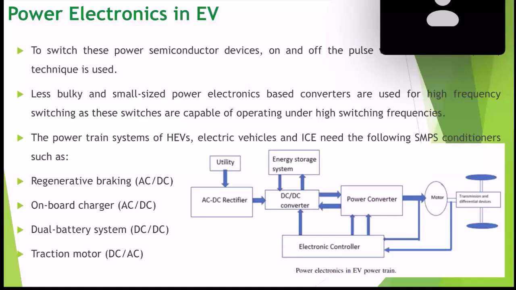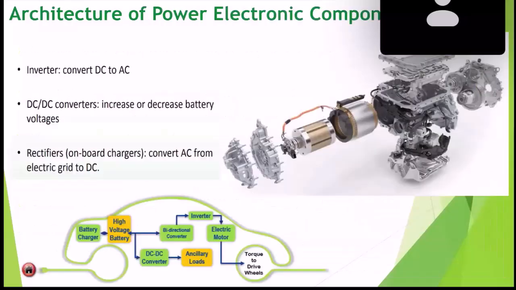The onboard charger requires another AC to DC converter. If a dual battery system is used, it needs a DC to DC converter. The traction motor requires a DC to AC converter, that is the inverter. Each and every system requires different types of power electronic components to perform its function.